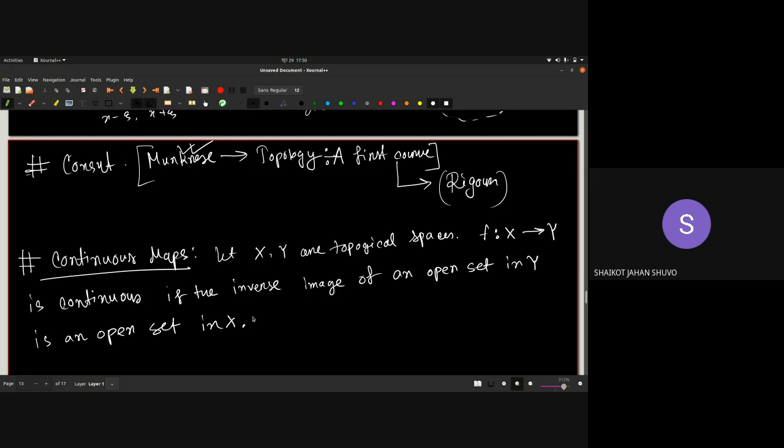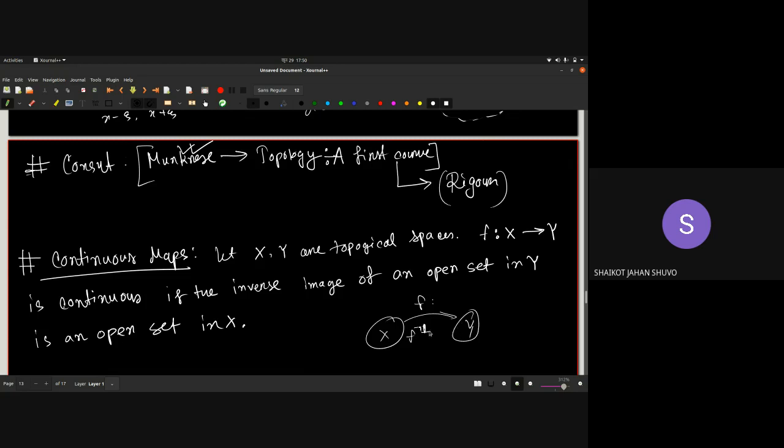So what is a continuous map? Well, if you go from one topological space to another, that means you're going from this topological space X to topological space Y through some map. Then what does the inverse image of open sets do?